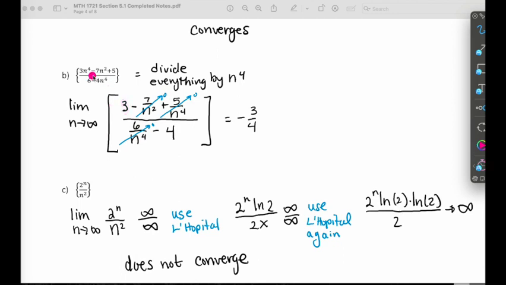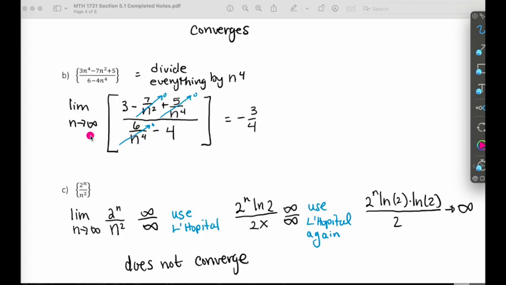When I divide minus 7n squared by n to the fourth, I get 7 over n squared. And when I take 5 and divide it by n to the fourth, I get 5 over n to the fourth. When I take 6 and divide by n to the fourth, I get 6 over n to the fourth. And when I divide minus 4n to the fourth by n to the fourth, I get minus 4.